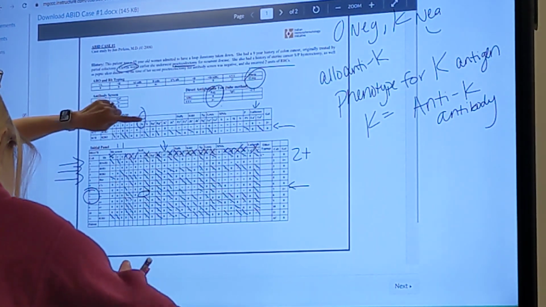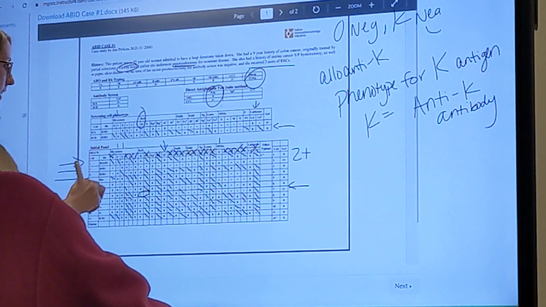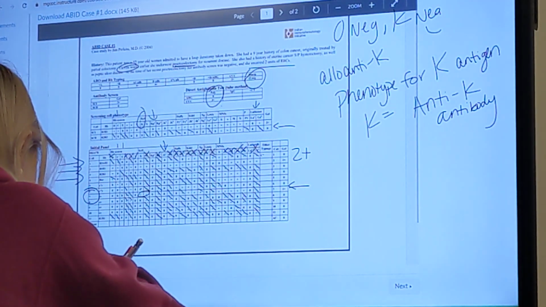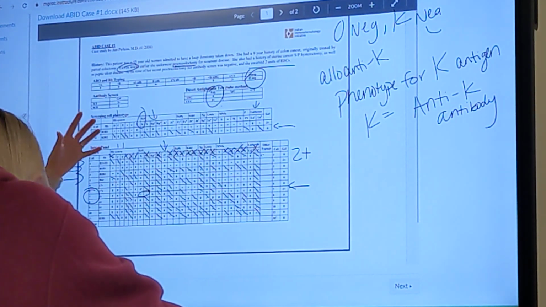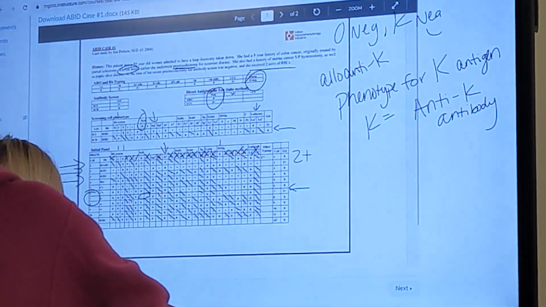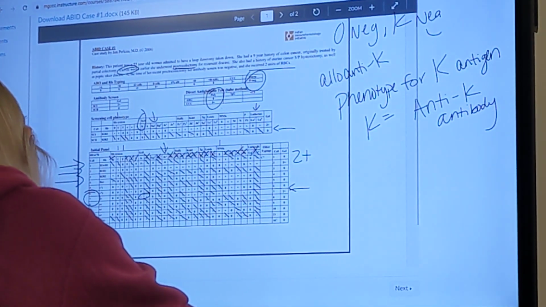Another one we didn't worry about is KPA. Out of these random people, nobody had the antigen. That's why you don't have to worry about it. If for some reason it was there by some chance, you would catch it on the crossmatch, probably.